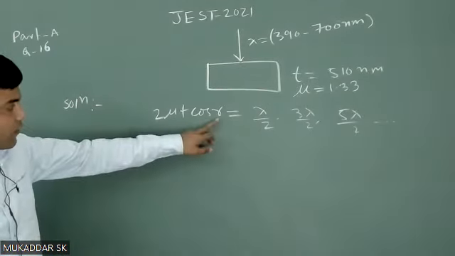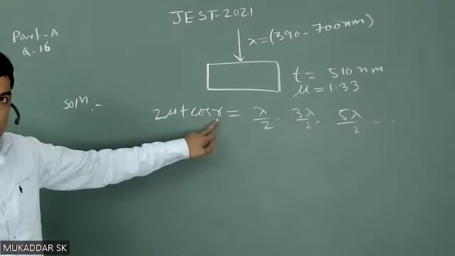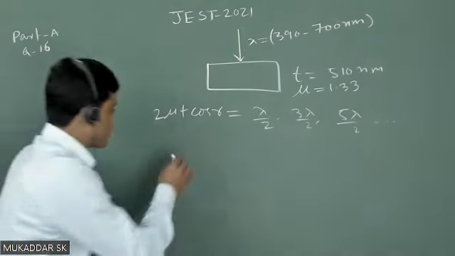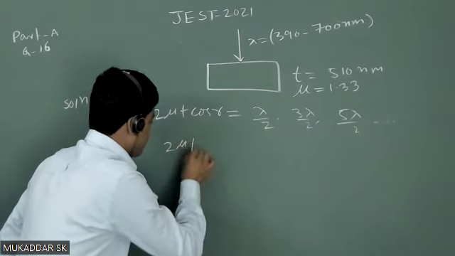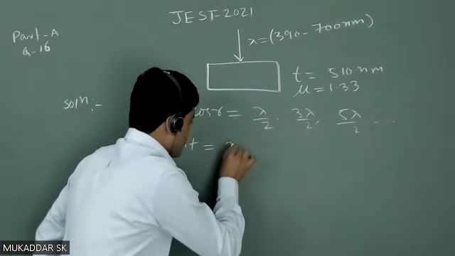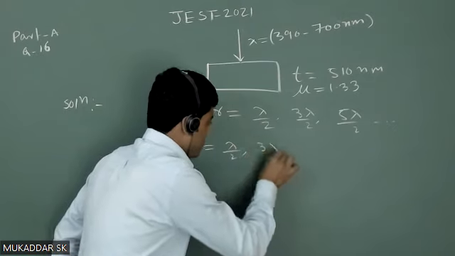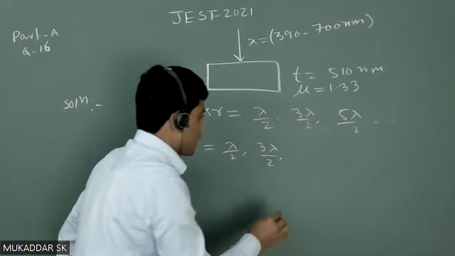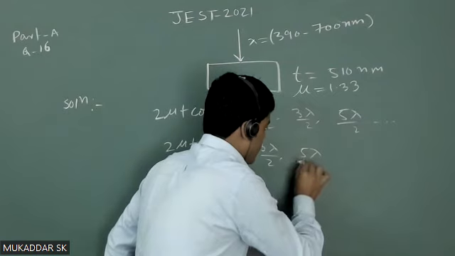And for normal incidence, the angle of refraction will be 0. So the condition will become 2 mu t equals lambda by 2, 3 lambda by 2, 5 lambda by 2, and so on.